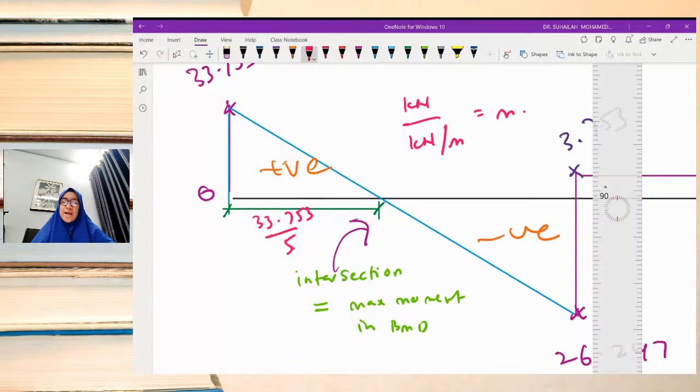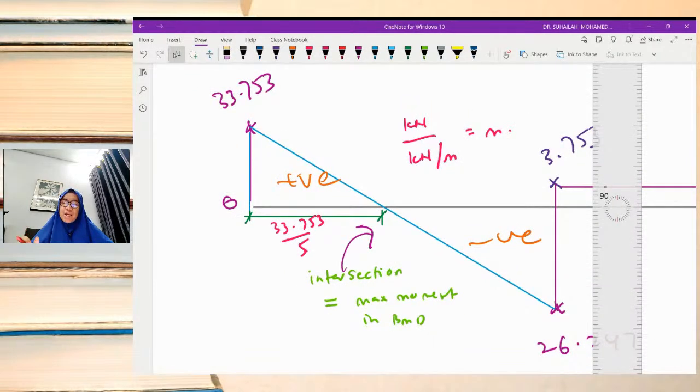Please calculate: 33.753 divided by 5 is 6.75 meters.